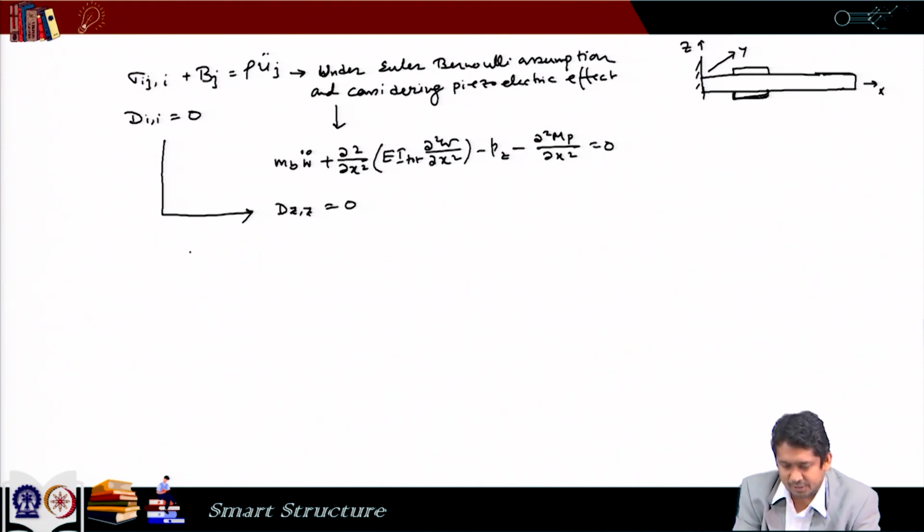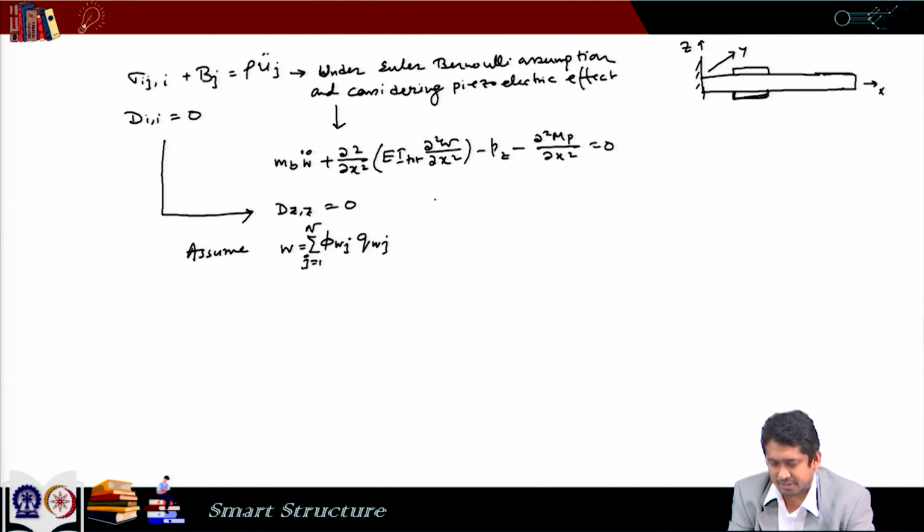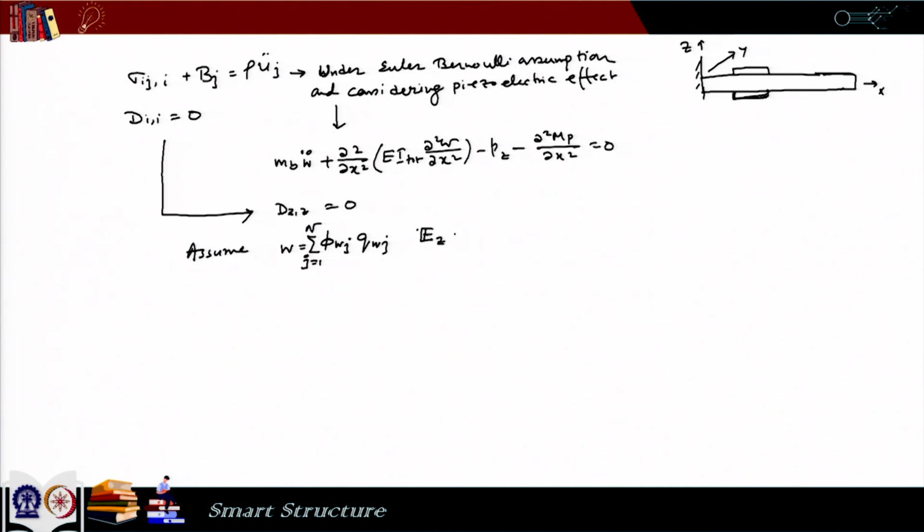So, let us assume w as we have assumed, phi_wj, q_wj, and let us assume the electric field E_z equal to V, the voltage which is a function of time, multiplied by psi, which is a function of z, and here q_wj is also a function of time.